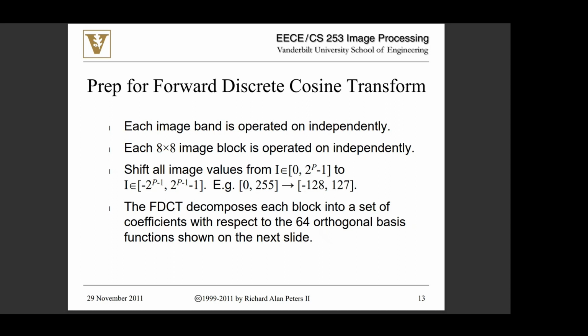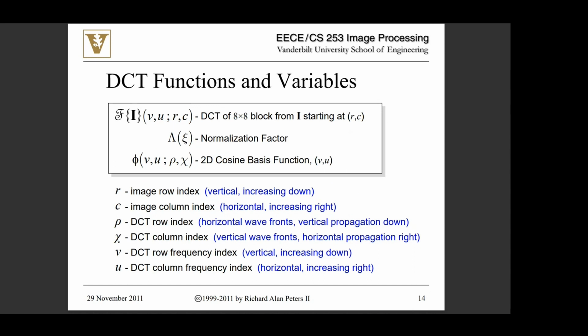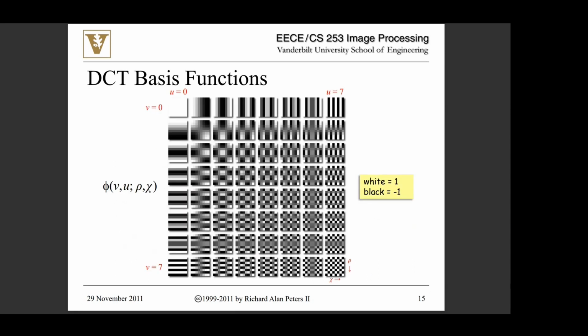So we are simply shifting, putting the mean at 0. The mean value of the range, it doesn't mean that it is the mean value of the block. But the mean value of the range, we are putting it to 0. Okay, so now we have blocks that are centered around 0, and we will do the discrete cosine transform. Okay, so the discrete cosine transform, let us think of the Fourier transform.